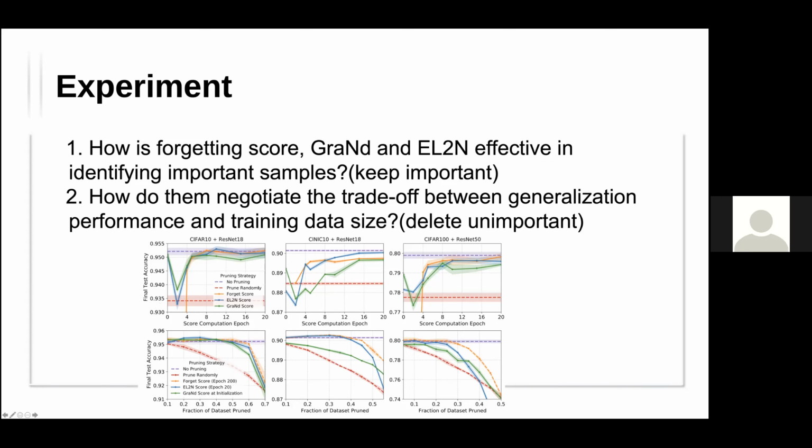So the second row should be quite clear. Okay, let's look at the second row, and what's the difference between the columns? The first column is CIFAR 10 with ResNet 18. The second column is SVHN with ResNet 18. So different architectures, different datasets. Yeah.